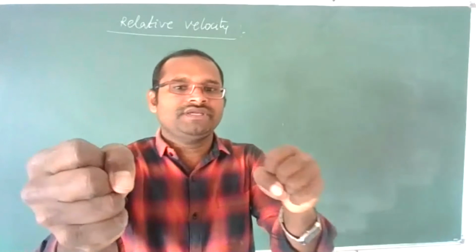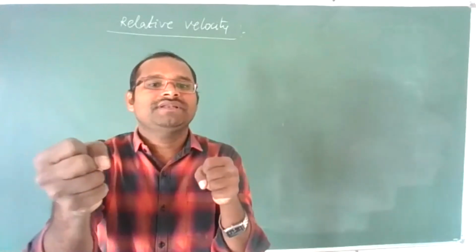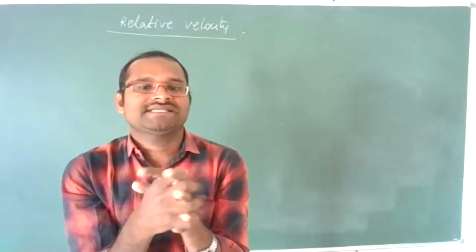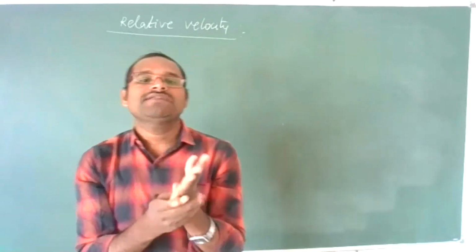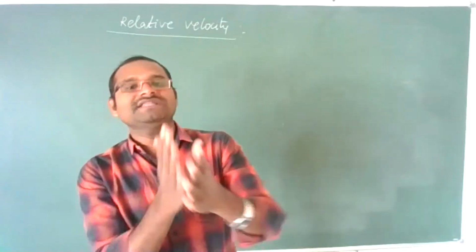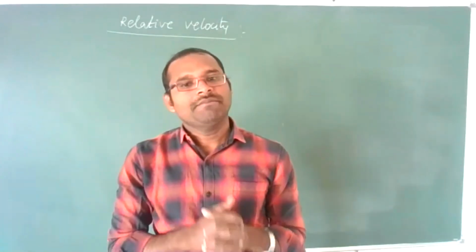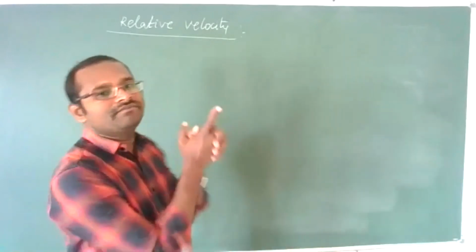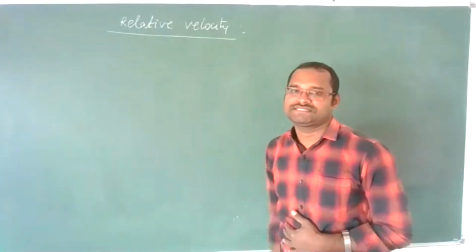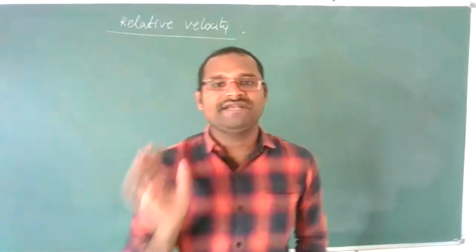At what time will they cover equal distance, or at what time will they meet, they may ask. If you want to solve this type of problem with the previous concepts, it will become lengthy and difficult. But if you use the relative velocity concept, then within 1 or 2 steps we will get the answer. So that is the use of relative velocity.